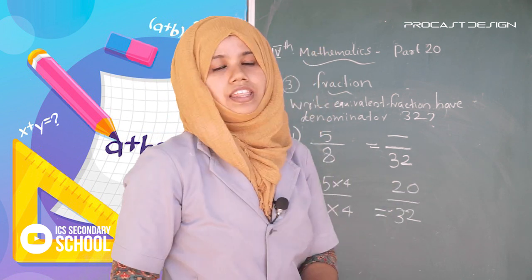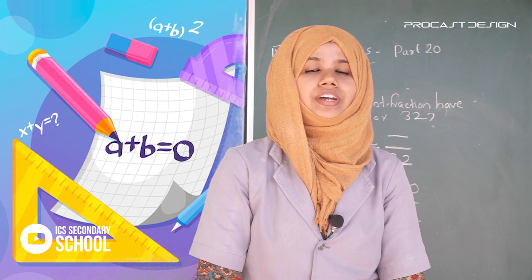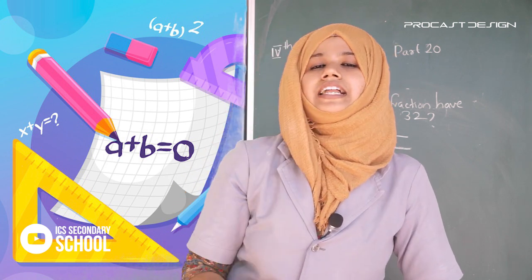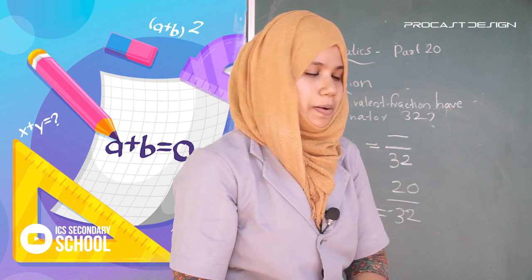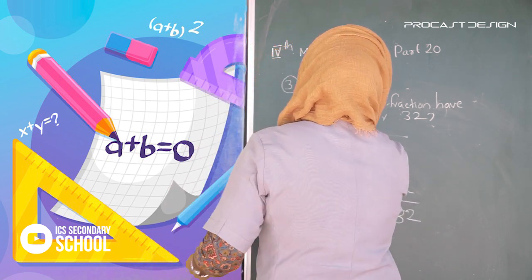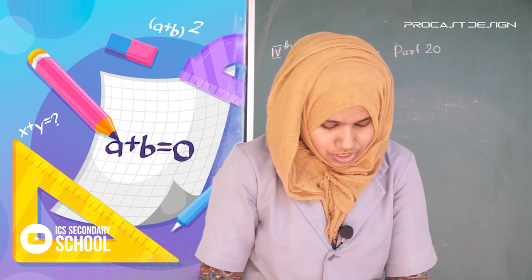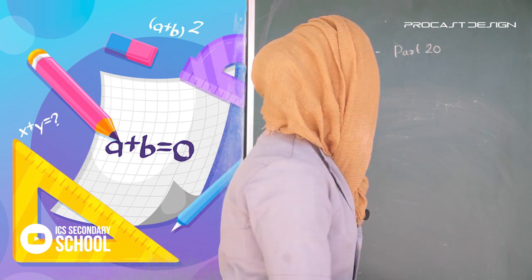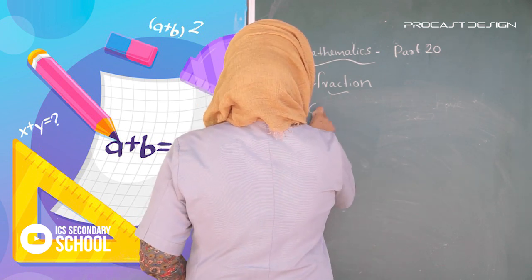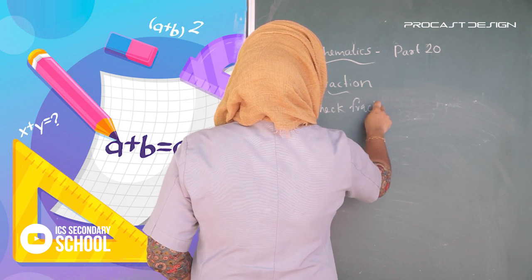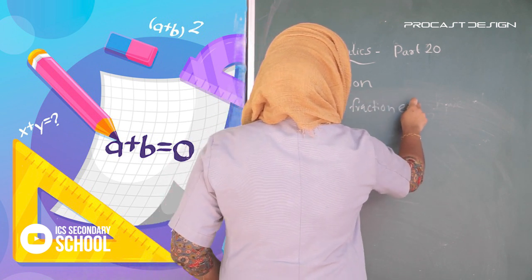So 20/32 is the answer. Okay. So how to get an equivalent fraction? Multiply numerator and denominator by the same number. So sometimes your question is like this. Are the following fractions equivalent? Check whether the fractions are equivalent or not.